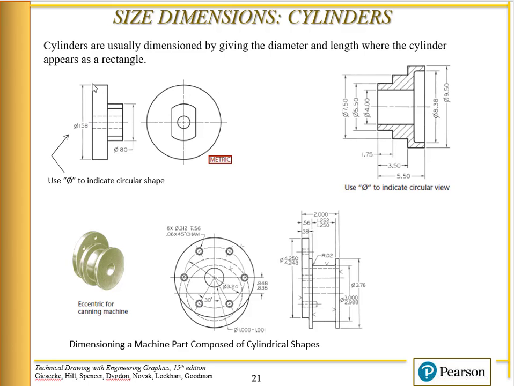What we're missing is the length, the thickness of this cylinder. In this particular case, use the diameter symbol to indicate the circular view. In each one of these cases, these are diameters, and then these are the lengths.